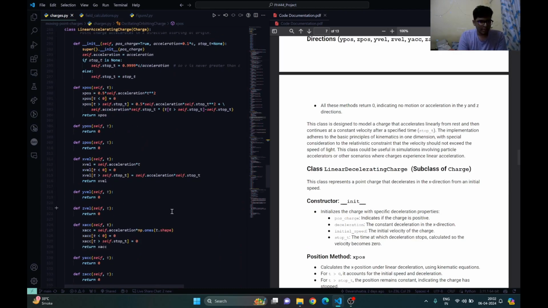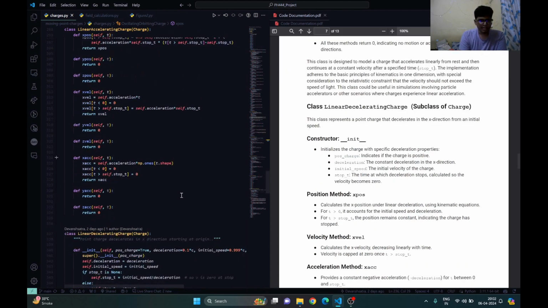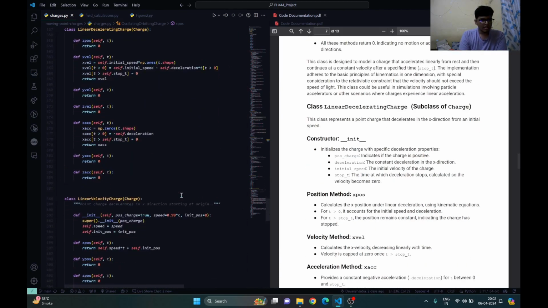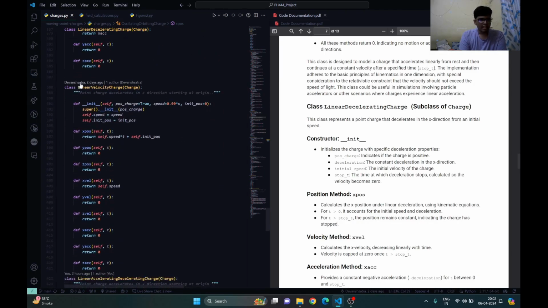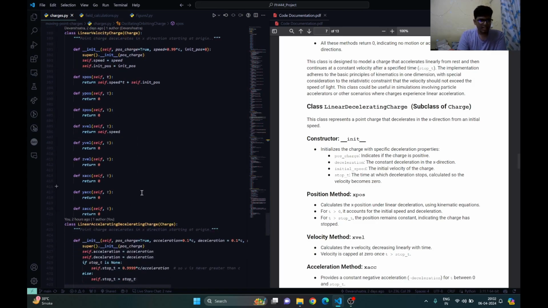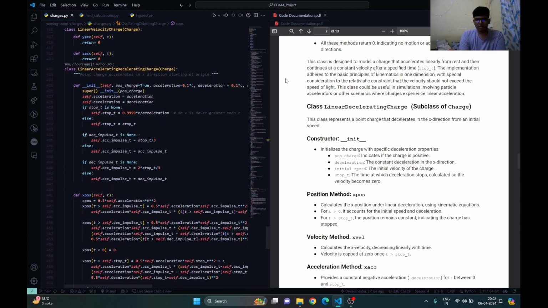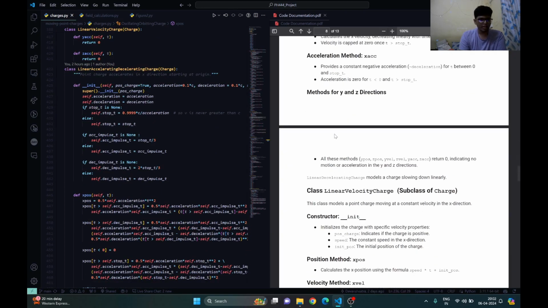So the kinematics are pretty straightforward here, so I don't think I need to explain that. There's also a linear velocity charge. So if it's moving in just one direction with no acceleration, just a fixed velocity, that's also defined there. This is a class that we defined on our own to expand on the paper.